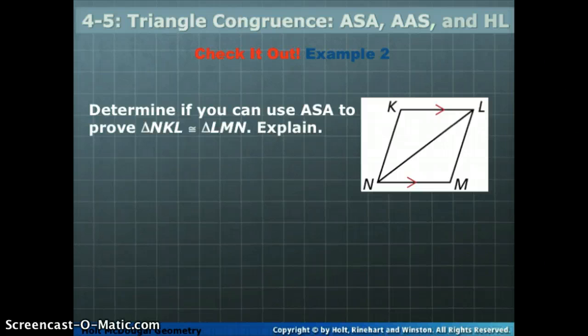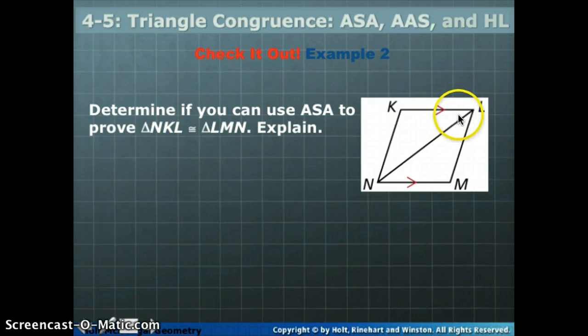The only transversal in the picture, or line that goes through the two parallels and is a part of both triangles, is this line NL. If you picture this transversal extending through the two lines, we have two parallel lines cut by a transversal, and I see some angle pairs from that. The most specific one I see are alternate interiors.